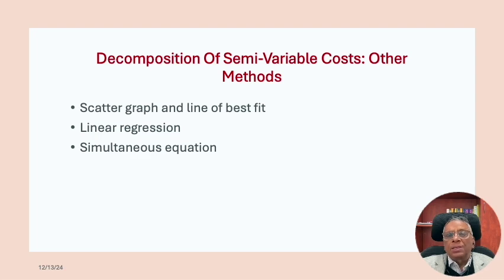But then there is a simultaneous equation method where we can get results, but the moment the data points increase beyond 2, it becomes a little complex, and therefore the high and low method is considered to give a more or less accurate figure, and that is the most commonly used method for segregating the semi-variable cost into variable and fixed components.